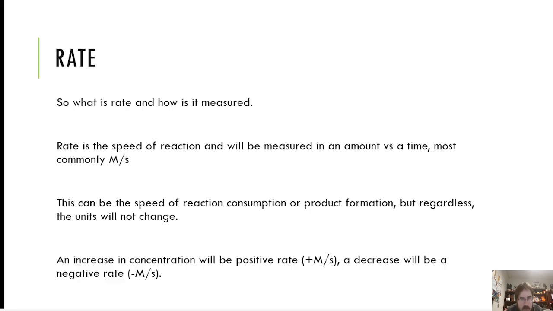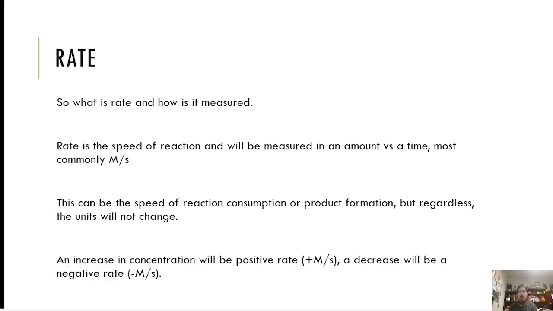Now, because it's a rate, it's just like a speed. So a speed would be like meters per second or kilometers per hour or something like that, miles per hour. But in physics, we have to give a dimensionality. You could be moving forward at a speed, but you could also move backwards at a speed, but that'll be negative.